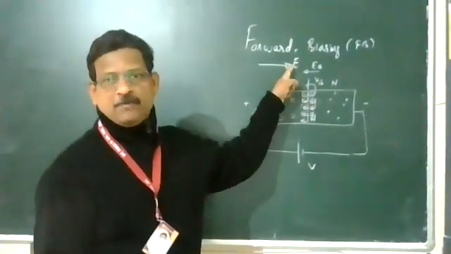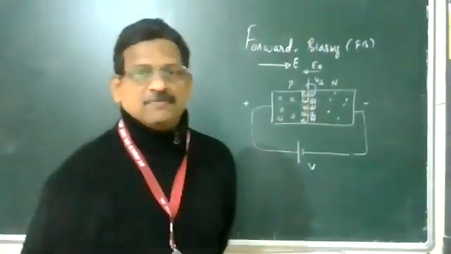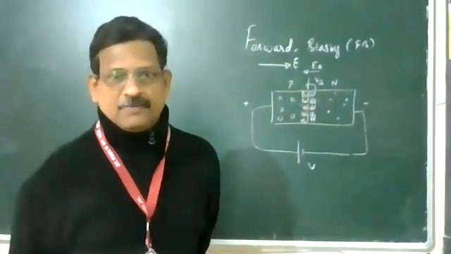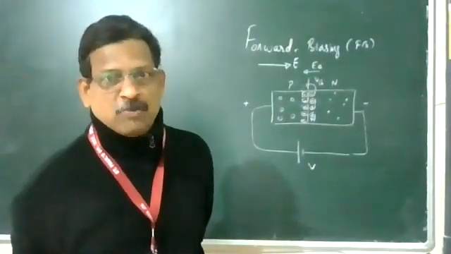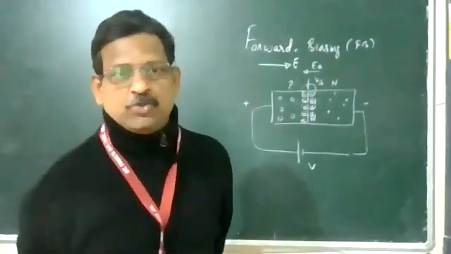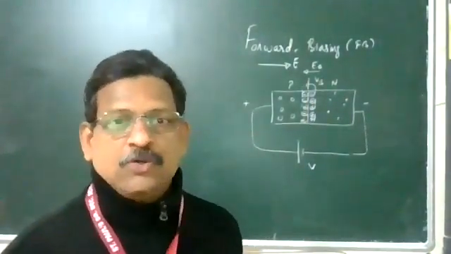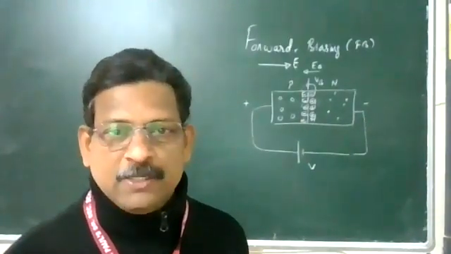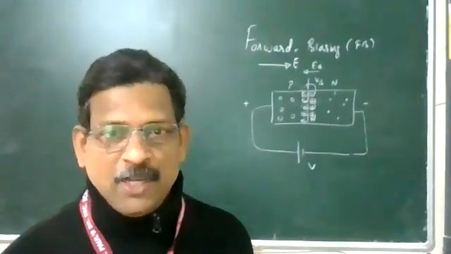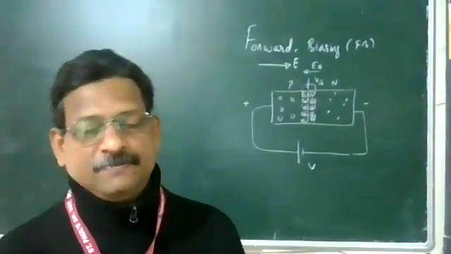So the applied electric field and the barrier electric field are in opposite directions. The applied electric field opposes the barrier electric field, so the barrier will decrease. The barrier opposition will decrease.